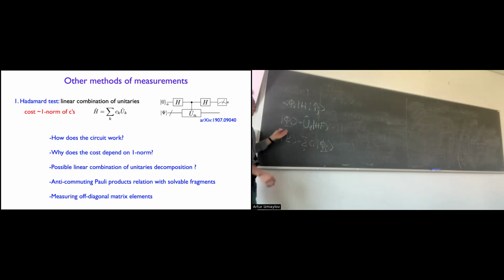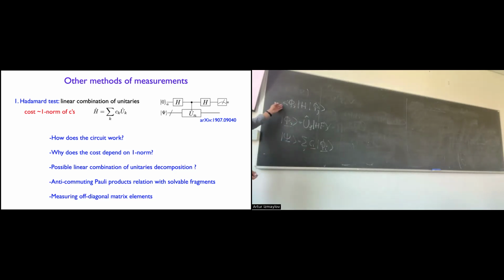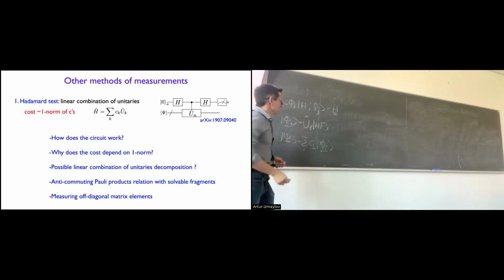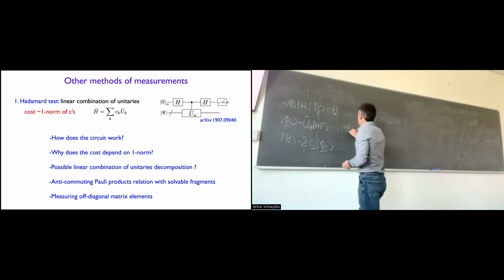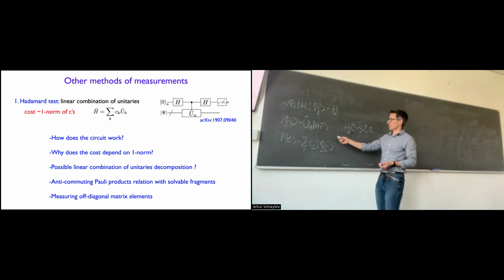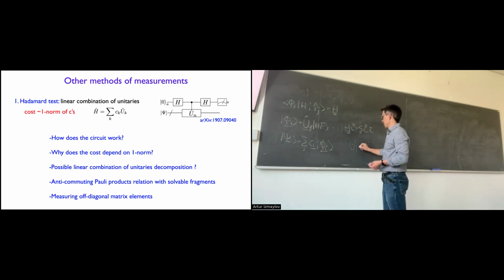But instead of optimizing these unitaries, we can simply use the power of linear algebra, construct the matrix of the Hamiltonian, right? So this is the matrix in some basis, and then solve what will need to be a generalized eigenvalue problem, right? Generalized because these unitaries are not necessarily orthogonal.